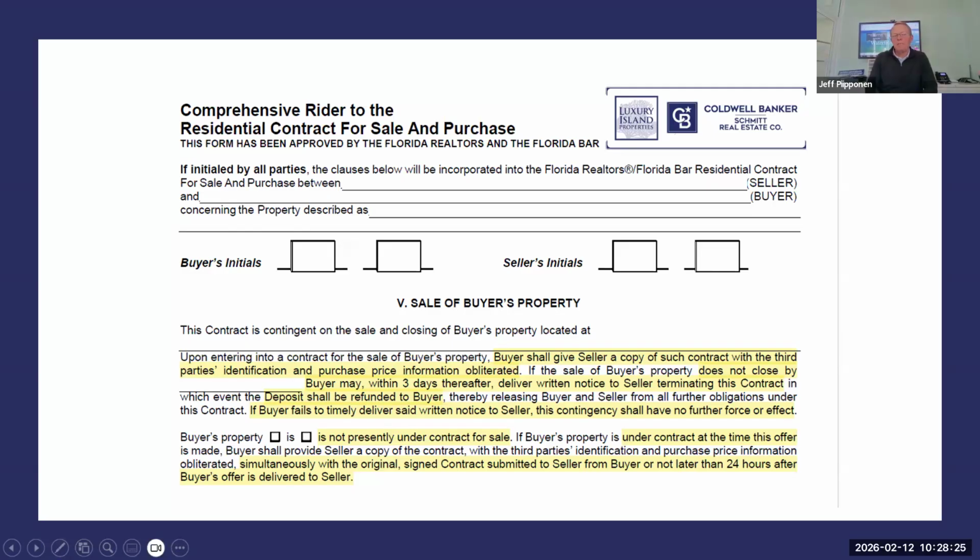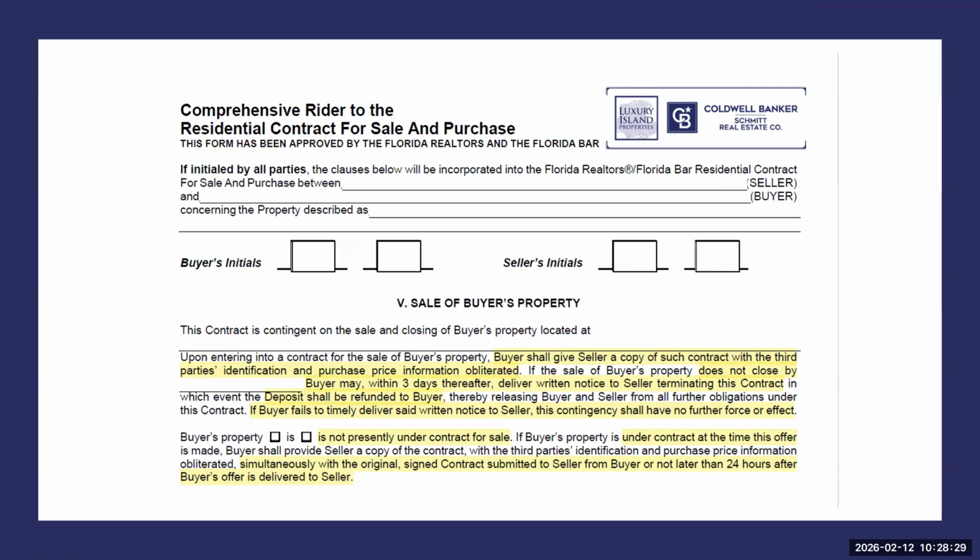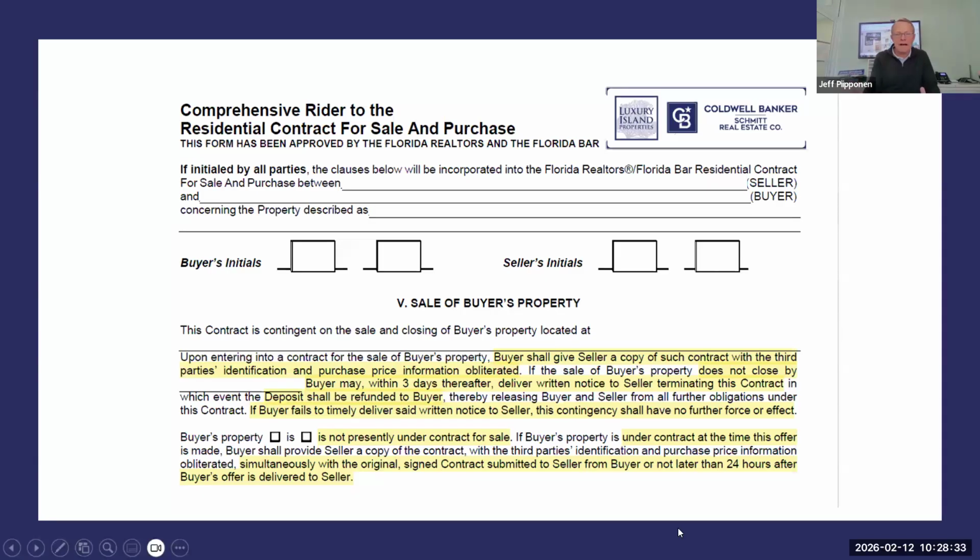The problem becomes, how do I deal with the inspections? If I don't even have a contract on my house, am I going to pay $1,000 for this and pay for that? You think about all that too.